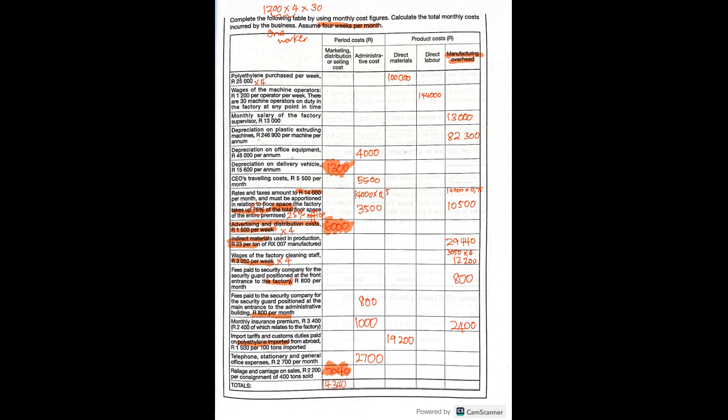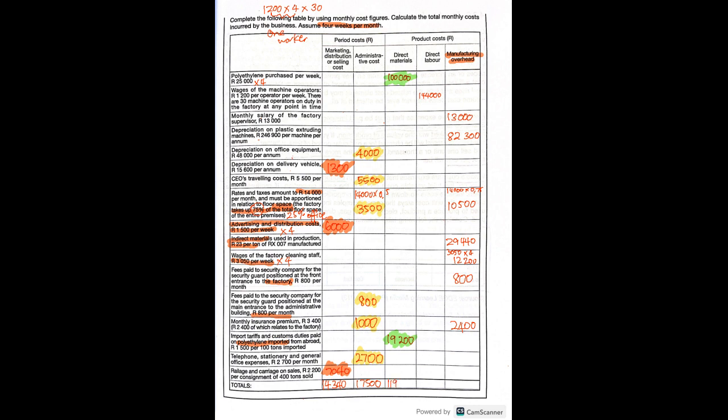Then for your next one, I'm just going to use a different color for this. Your admin cost, it was the 400 plus the 5,500 plus the 3,500 plus the 800 plus the 1,000 and the 2,700. So that's a total of 17,500 as your admin cost. Then the next one is your direct materials. It was just 100,000 there, and then 19,200 here for your carriage and railage of the direct material.